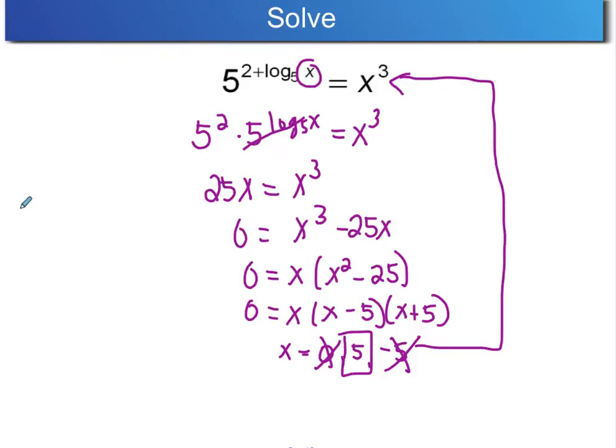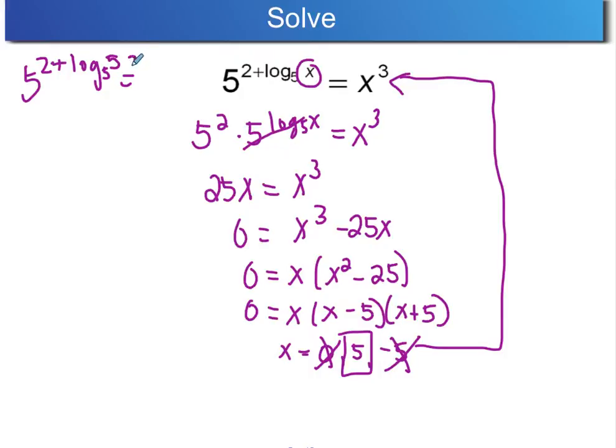And let's just take a look at that. That would be 5 to the 2 plus log base 5 of 5.